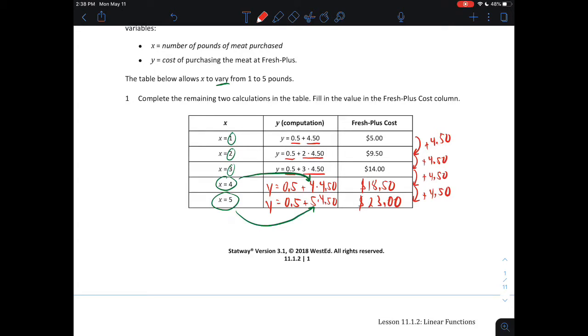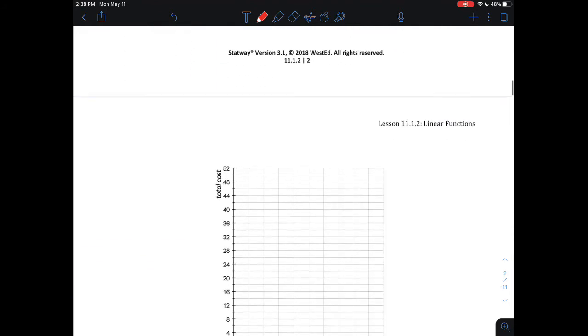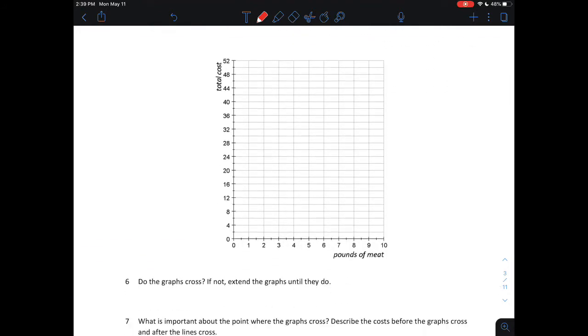So for example, for the Fresh Plus cost, when x was equal to 1, for 1 pound, the y value, the cost, was $5. So when I go down to my graph, notice that the horizontal axis stands for x, pounds of meat, and the vertical axis stands for y, which is total cost. So for 1 pound, you can find 1 on the horizontal axis.